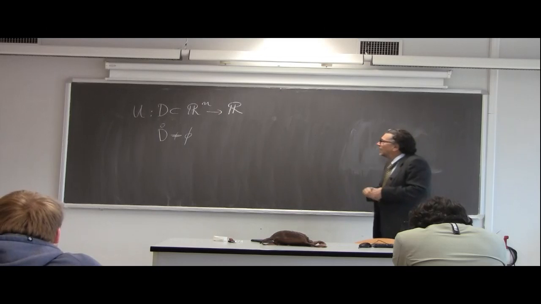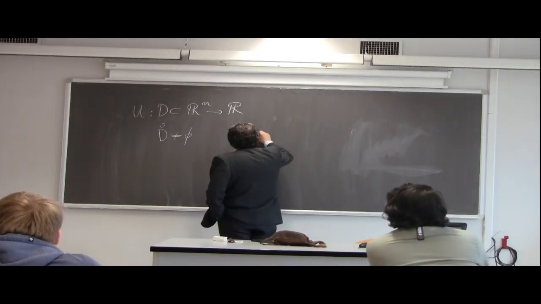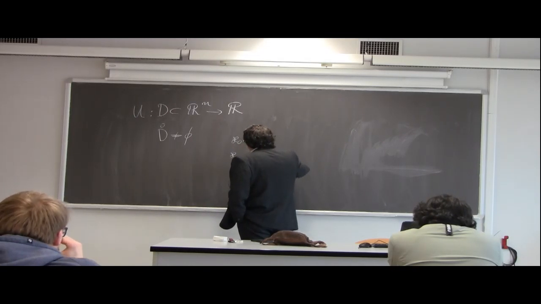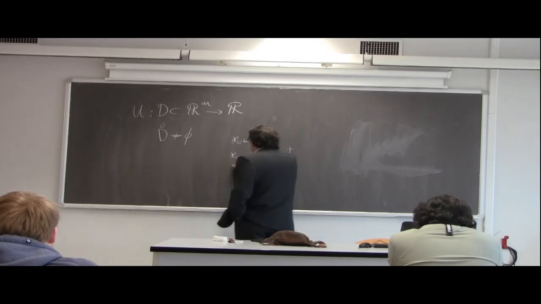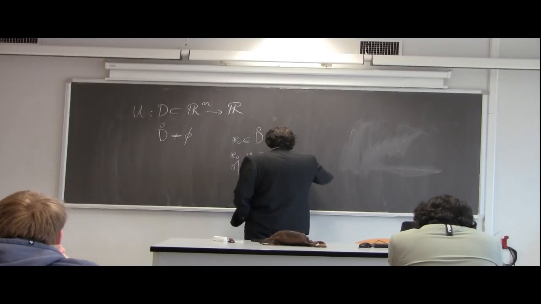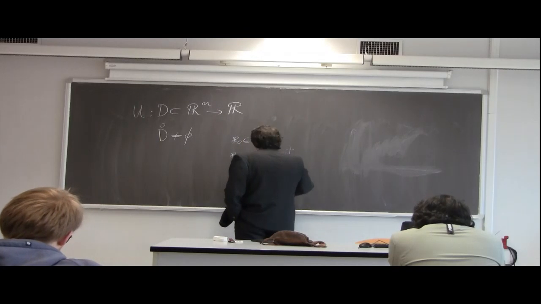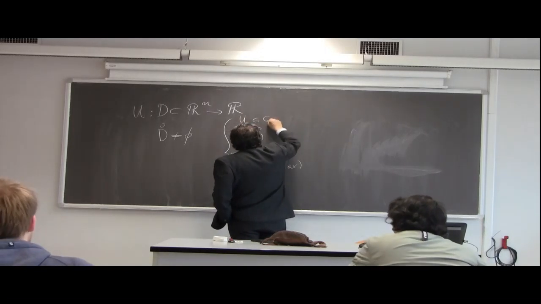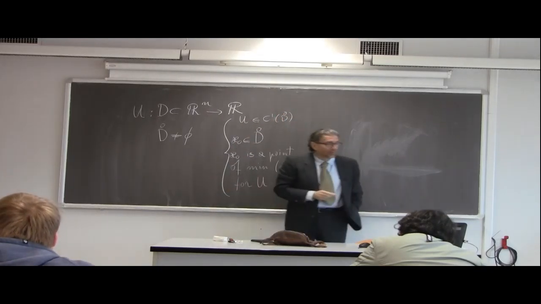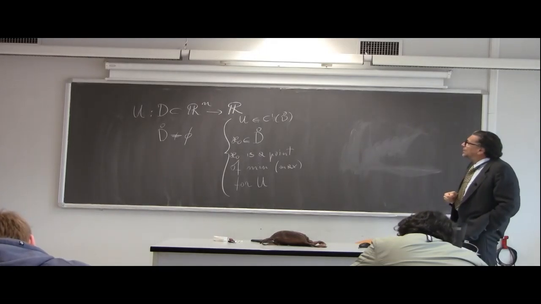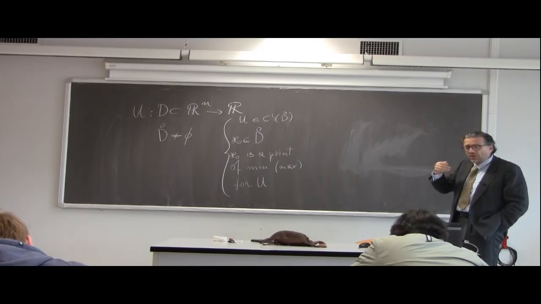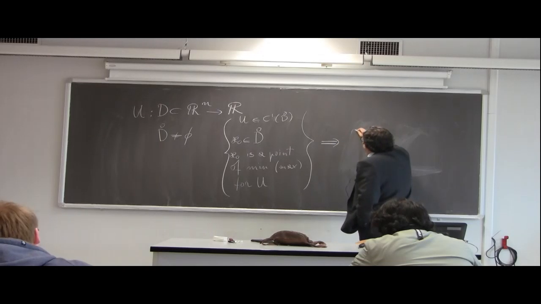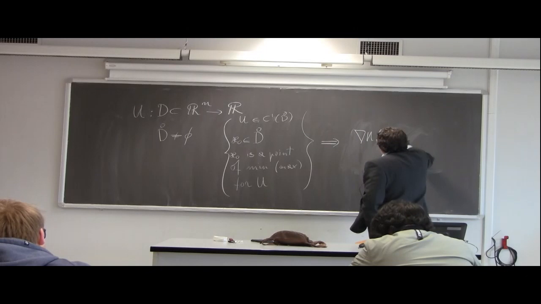If you have x0 belonging to the interior of D, and if x0 is a point of minimum or maximum for u, okay, so these are the hypotheses, and if u belongs to C1 of D, so if u is continuous and all its partial derivatives are continuous, so with all these assumptions we can prove that grad u calculated in x0 is equal to 0.